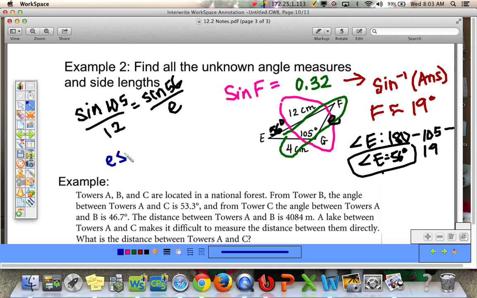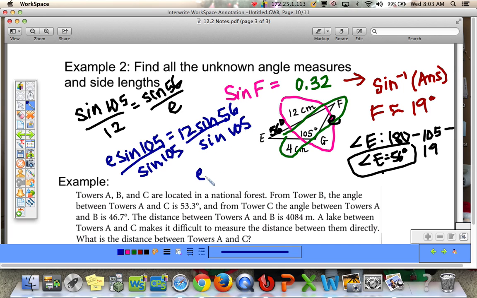So we get E sine of 105 equals 12 sine 56. Divide each side by sine 105. And I get side E is about 10.3. So we can use law of sines to solve for the complete triangle.